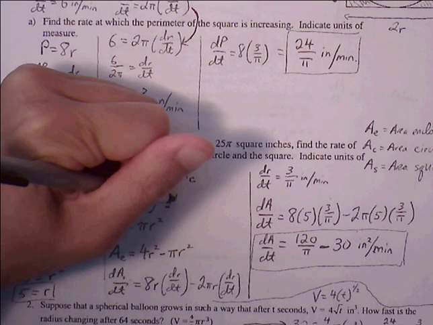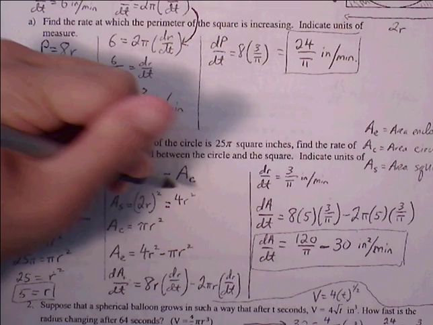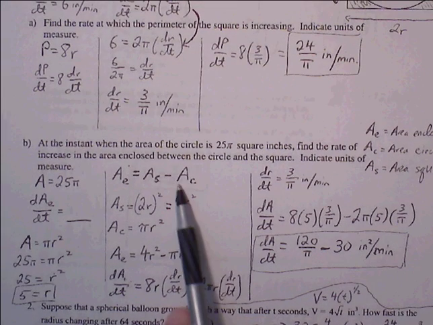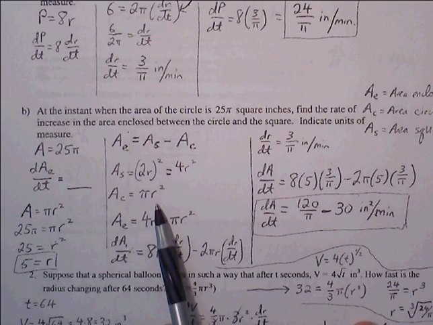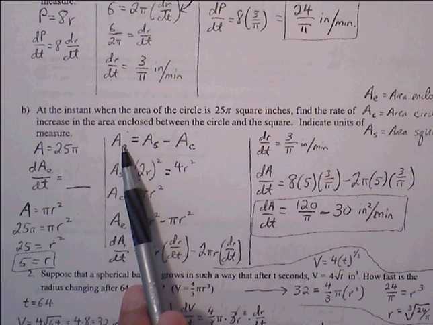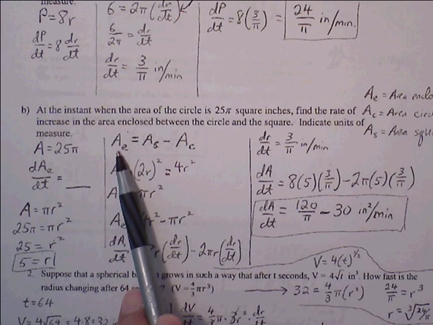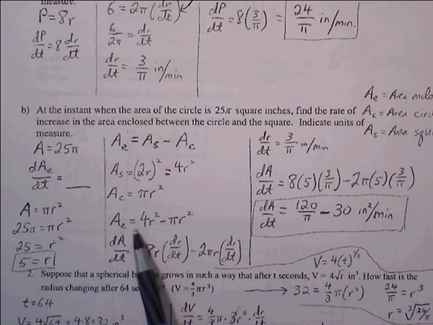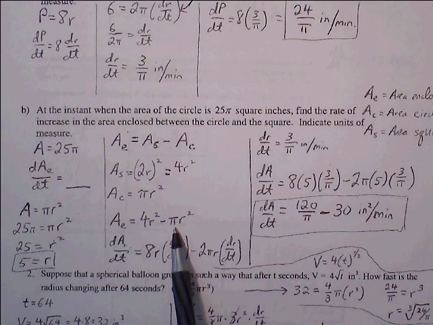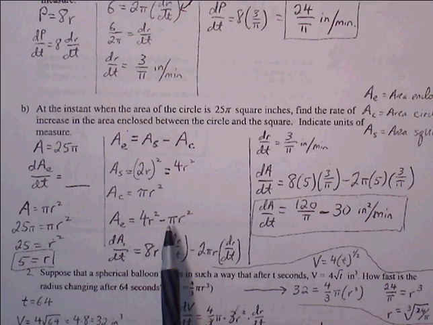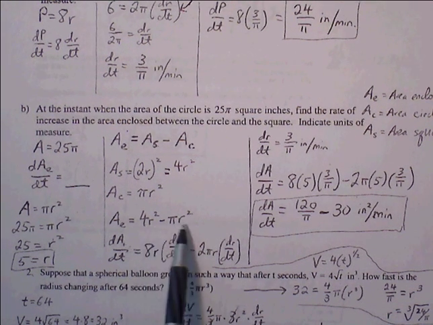Okay, I'll write that in. The area of the circle is simply pi r squared. All right. So then we can now create an equation that will get us to the area of the enclosed region. So area of the enclosed is simply area of the square minus the area of the circle. Okay, now we have something in terms of just one variable, and we can work from here.